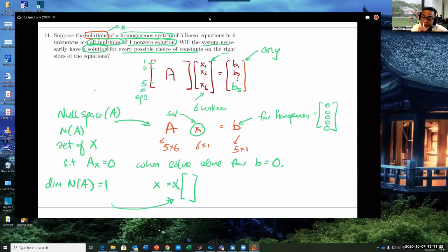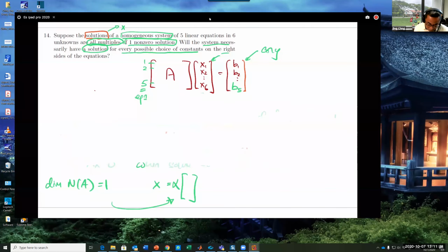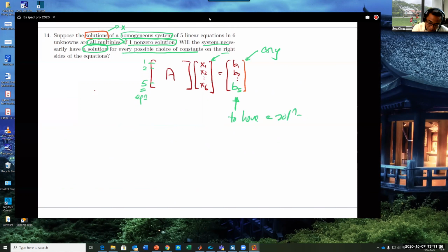All right. So guys, if we go back to our first tutorial and second tutorial, we have already figured out that to have a solution, the columns of A, when performed with linear combinations of these, must be equal to B. So I write it down for you.